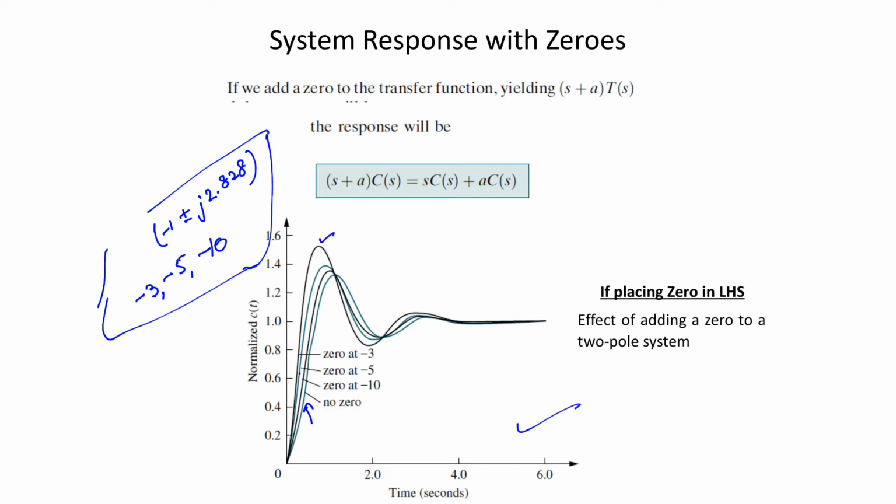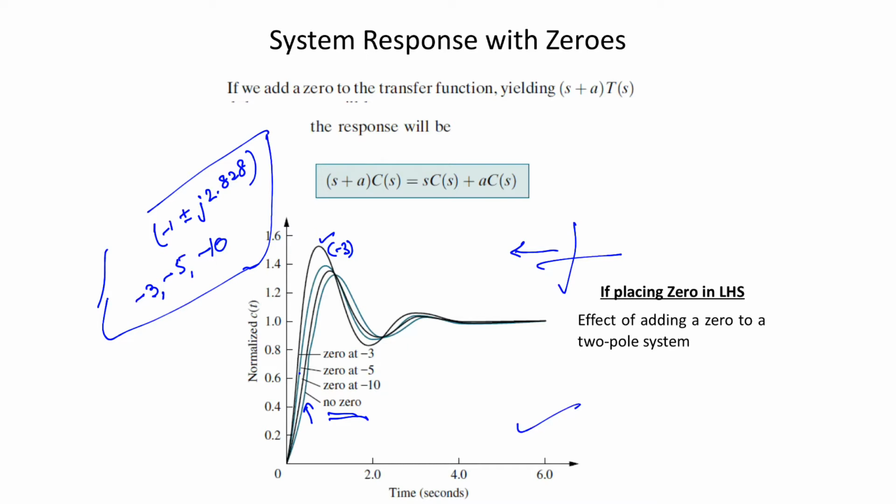That is, -3 is closer, so its effect on the transient response is greater. As we move away from the dominant poles, the response approaches that of the second order system, as we have seen in the case of -10. As it moves away, the response is more and more like the no zero response.